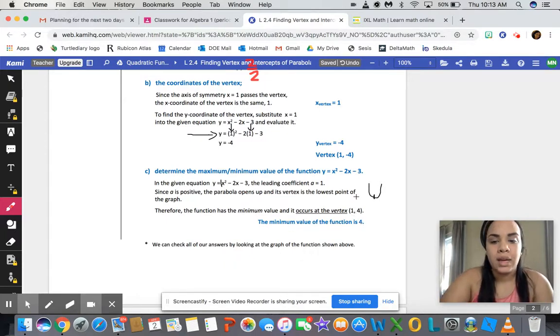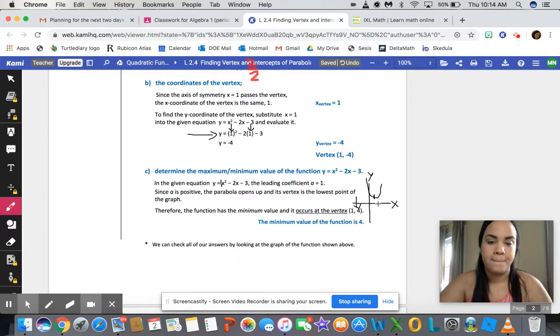So why do we get the 4 and not the 1? So let's put a graph on top of this. Over here, 1, 4 would be, I cannot make a straight line. This is the x, and this is the y. So look, the vertex over here is 1, 4, right?